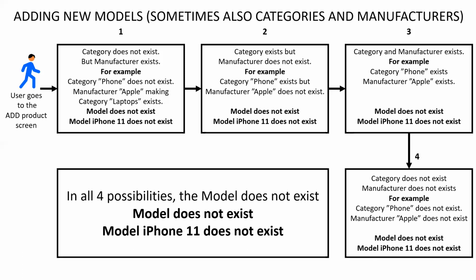So our focus is creating a model, because the model is what specifications are tied to, and that is the granularity of the product you own. So in all four cases, a model does not exist. So let's see how we are going to create perhaps a new category, perhaps a new manufacturer, but definitely always a new model.